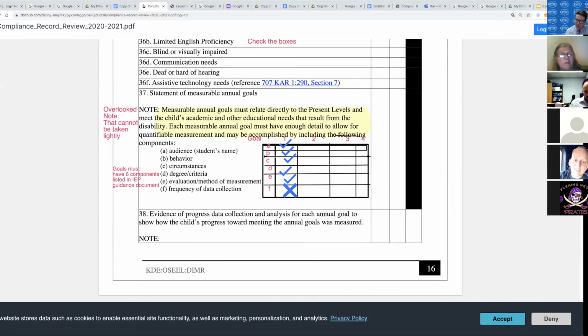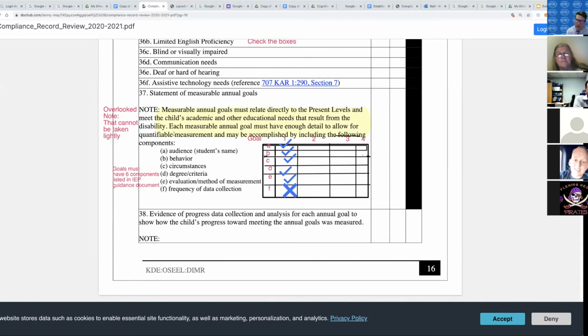We also included in the IEP coaching tool some measurable verbs, that Bloom's taxonomy, where you make sure you've got measurable verbs. So right here, we just want to make sure that the goals have six components listed in the IEP guidance document, and that we have not overlooked this, and that the measurable goals must relate directly to the present levels and meet the child's academic and other educational needs that result from the disability.